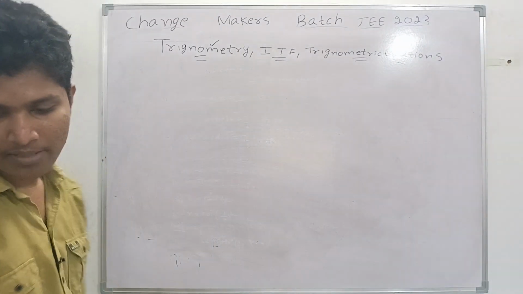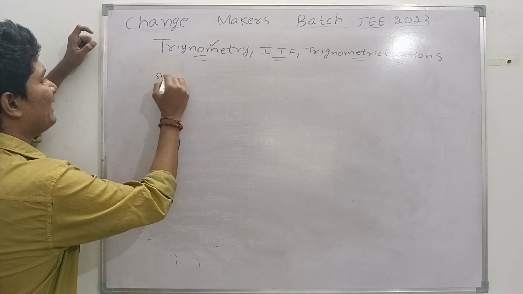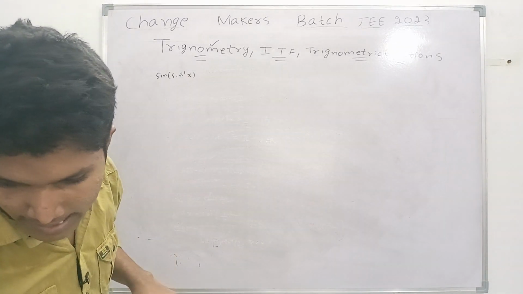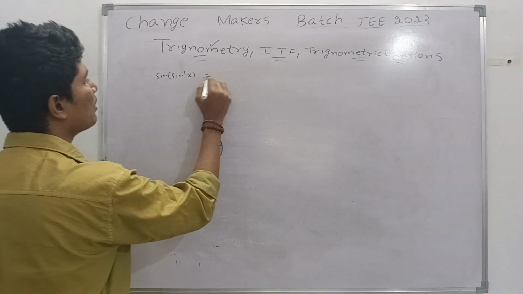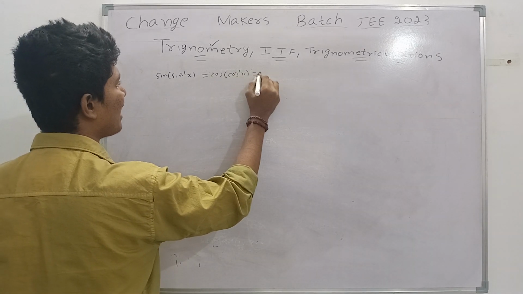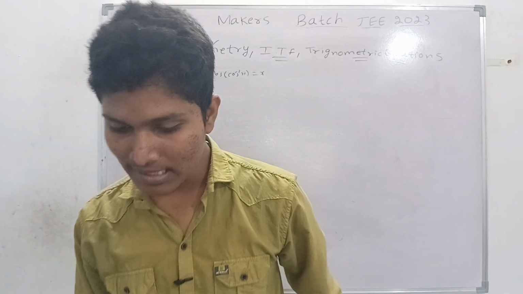Now let's discuss the important thing, that is sine of sine inverse x. It is very important. Sine of sine inverse x, cos of cos inverse x. When you do like this, the answer is x. That is, the sine and sine inverse get cancelled and the answer is x.